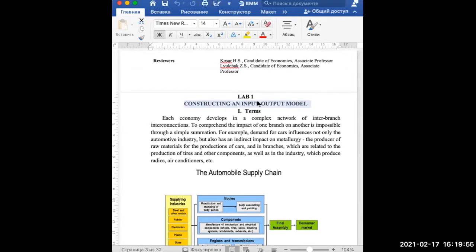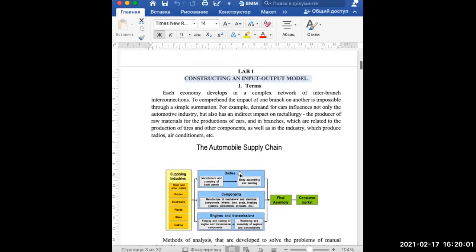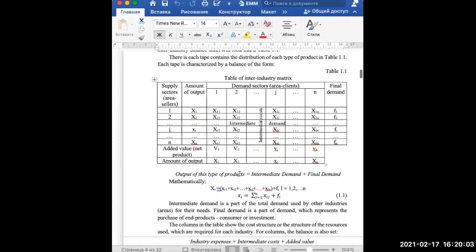Next assumption, economy is in balance. So all that we produce must be consumed. We have no extra products. We have no deficit of products. So we have balance of our economy.